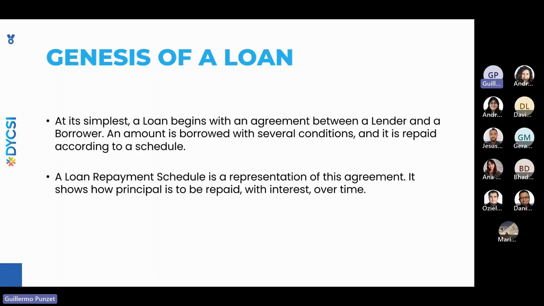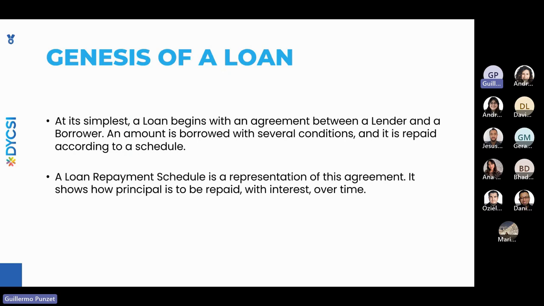Now, in order to understand how CML is so different, we'll need to go to the basics of a loan. So at the most basic, a loan begins with an agreement, right? At its simplest, a loan begins with an agreement between a lender and a borrower.